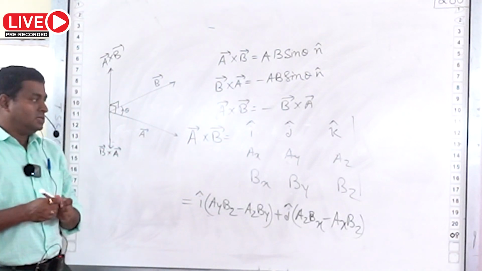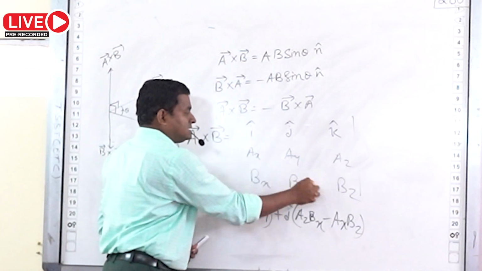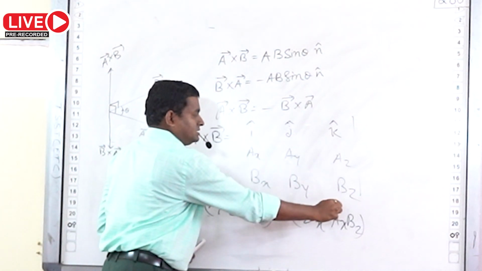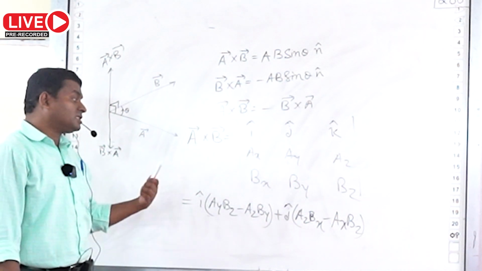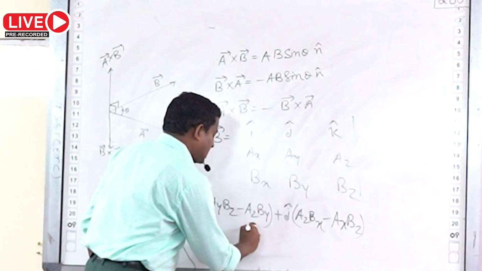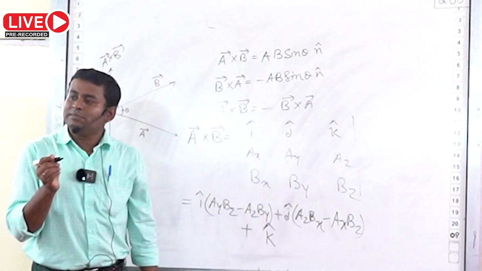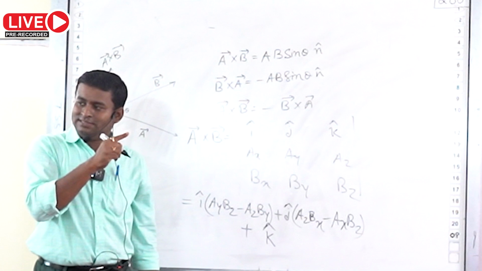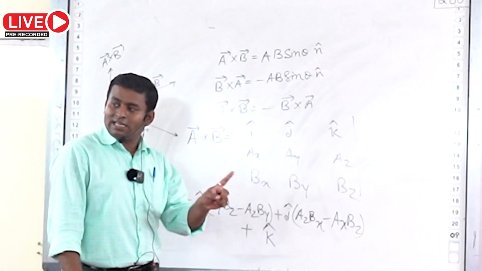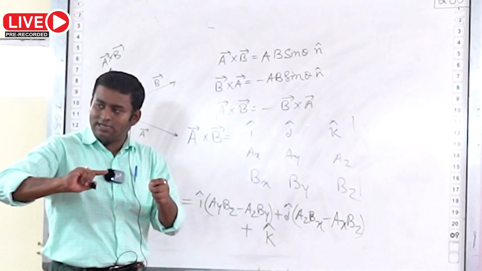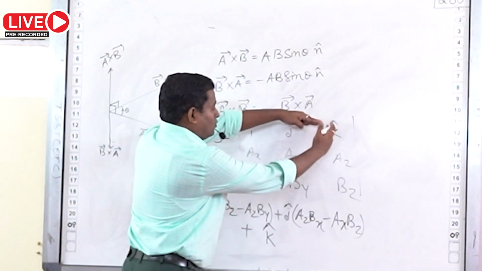Okay, just reverse order. Previously like this, now like this. Then the third one, K cap. It is again similar to the first one. So only in the middle the direction will alter. First one is K cap row column stop.